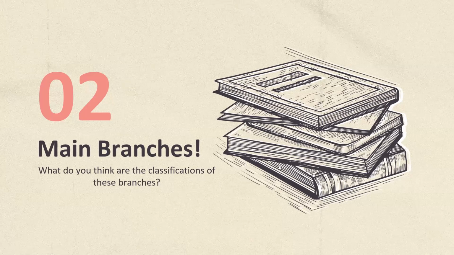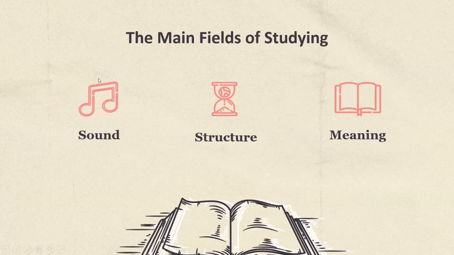Anyhow, in linguistics, we have 6 main branches. We can classify them according to 3 things. The main fields of study: branches that study sound, branches that study structure, and branches that study meaning.